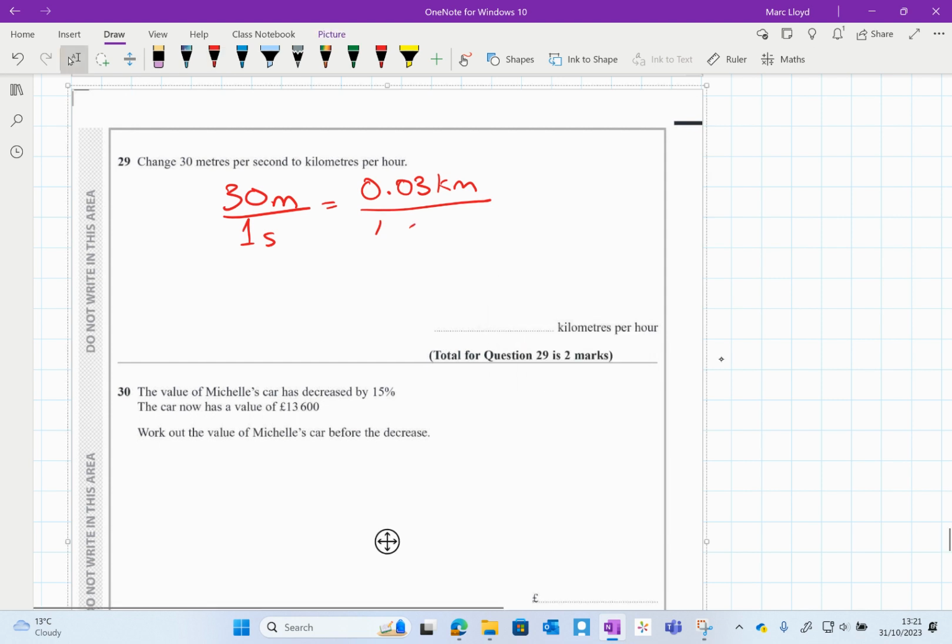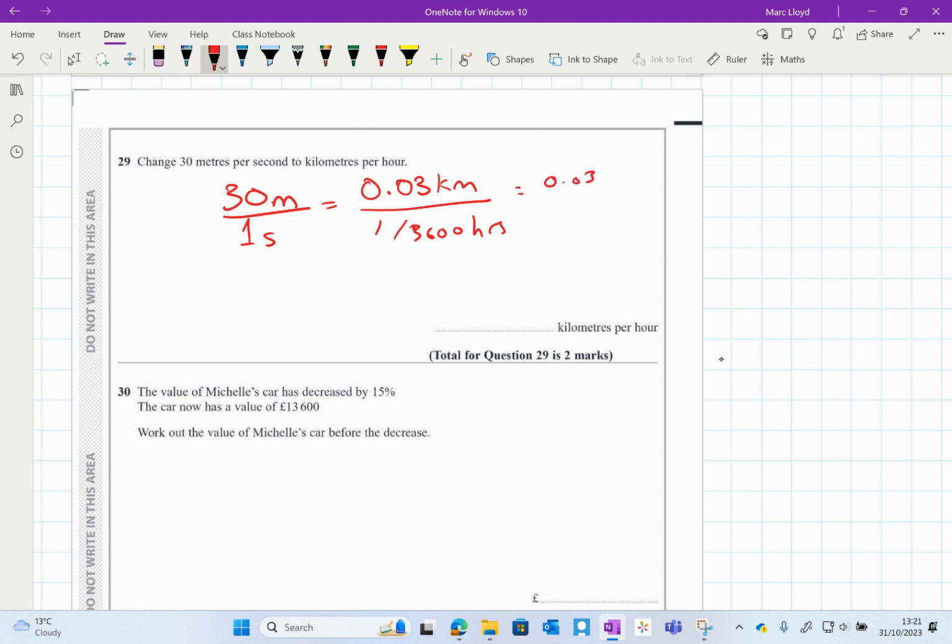So 1 over 3,600, that's what it is in hours. So 0.03. Actually, I'm going to do the 1 divided by 3,600 first. That's just such a horrible number. 0.03 over 0.00027 recurring. 0.03 divided by the answer gives me 108 kilometers per hour.